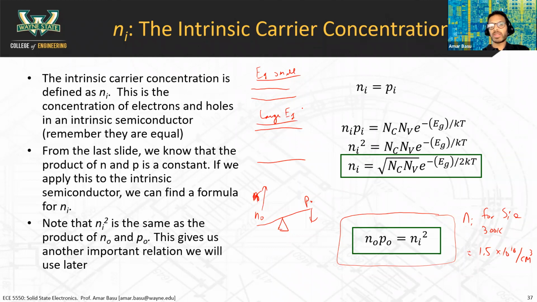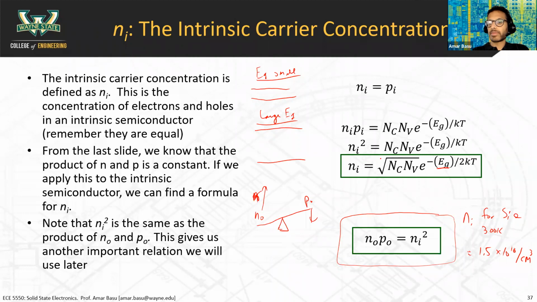I want you to see how that's going to play out in the equation. If you have a large band gap, this term here, you're going to have a large negative exponential, e to the negative of a large number here. What's that going to do to the ni? Exponential to a large negative number. How will that affect ni?